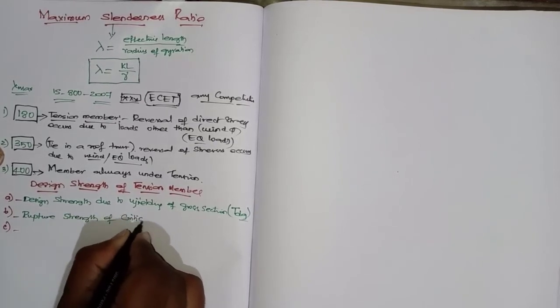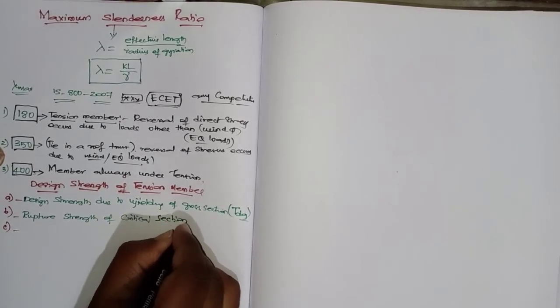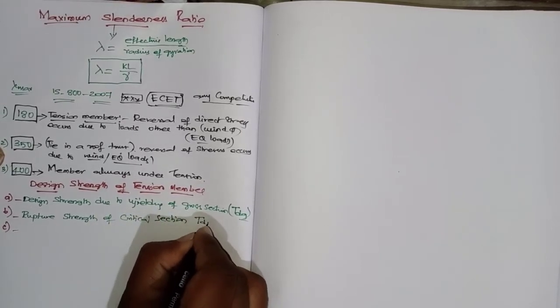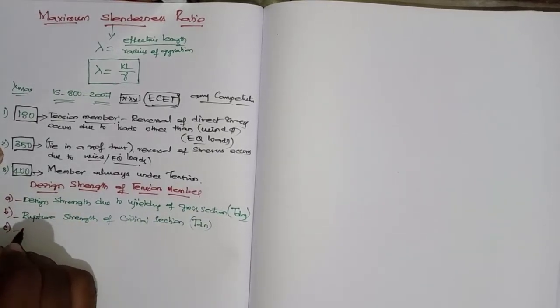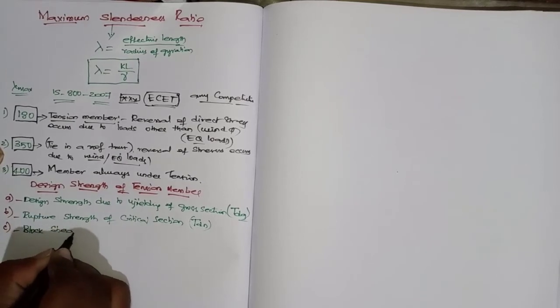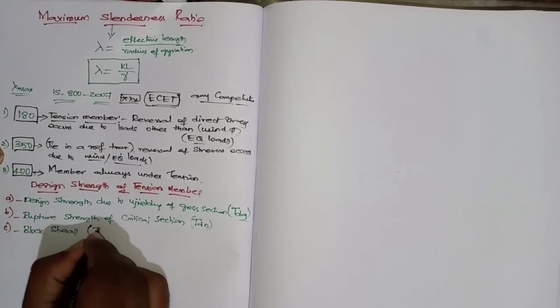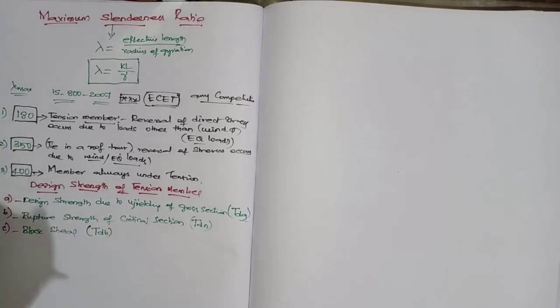This is rupture of net critical section. It is denoted by TDN, net section. Next one is block shear. It is denoted by TDB.